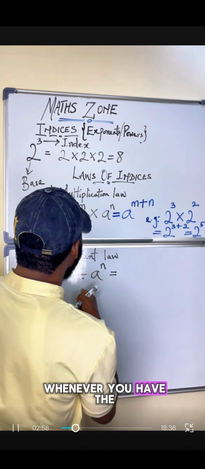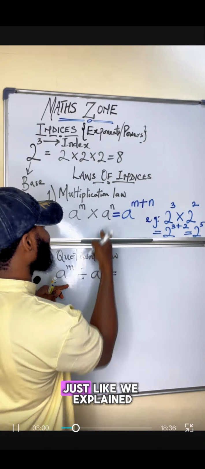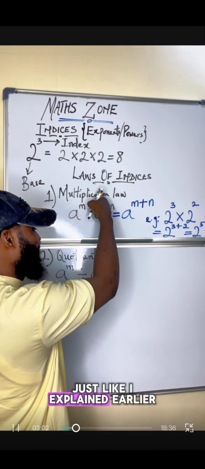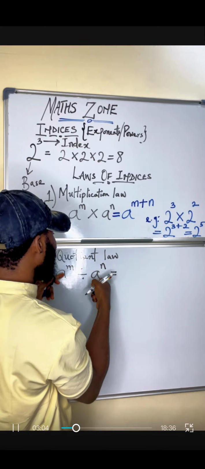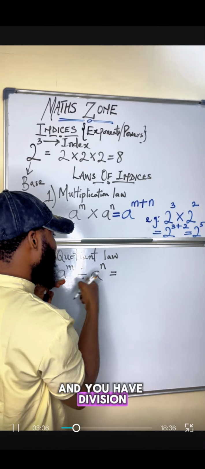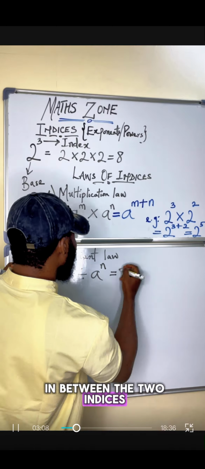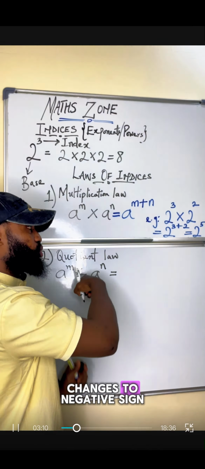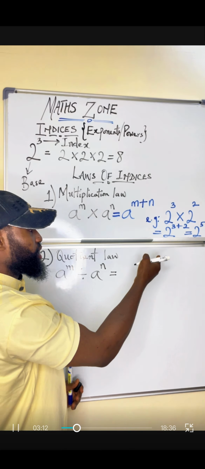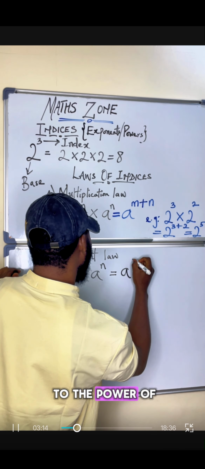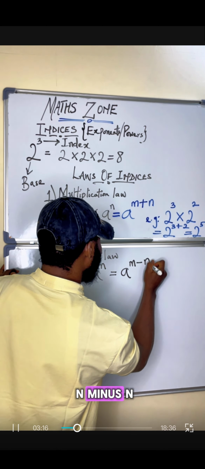Whenever you have the same base and you have division in between the two indices, what happens? The division changes to a negative sign. We have a raised to the power of m minus n.